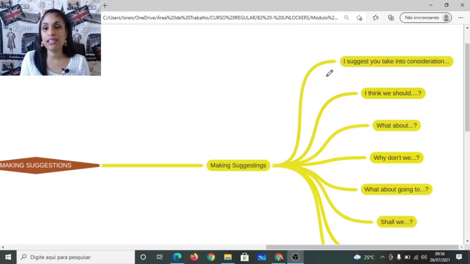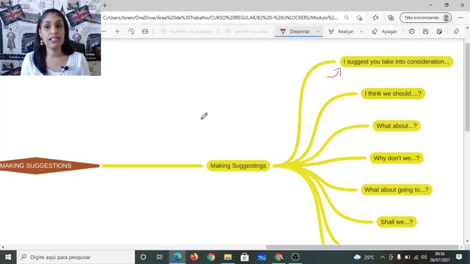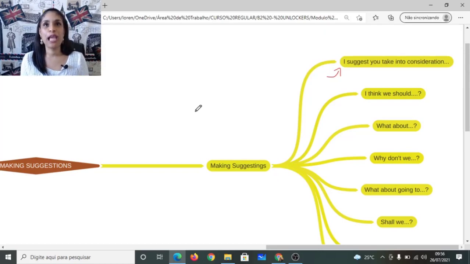Okay, so I can say, I suggest you take into consideration. That is very interesting, for example, because you can have a friend who is about to divorce and you believe, I'm not saying here that it's correct or not, but you believe that your friend needs to take into consideration that she has kids.